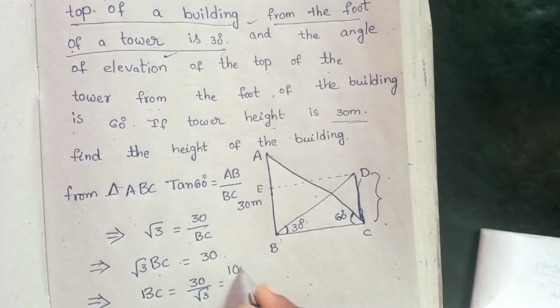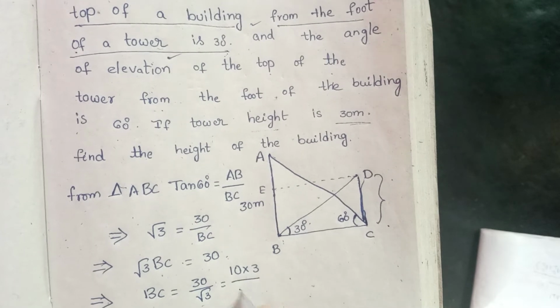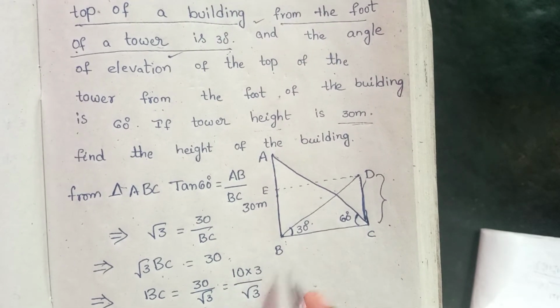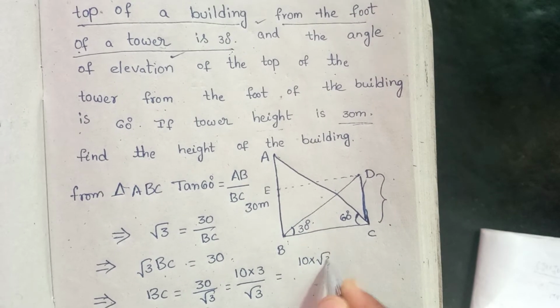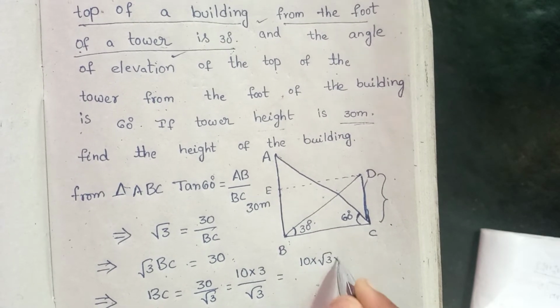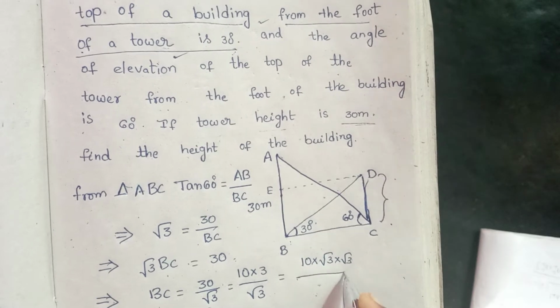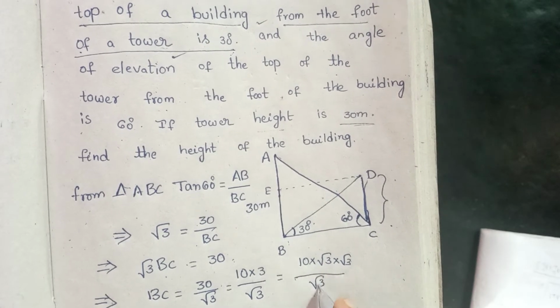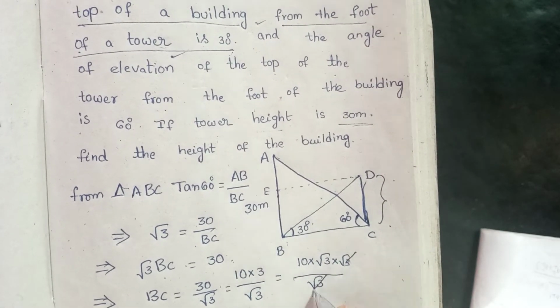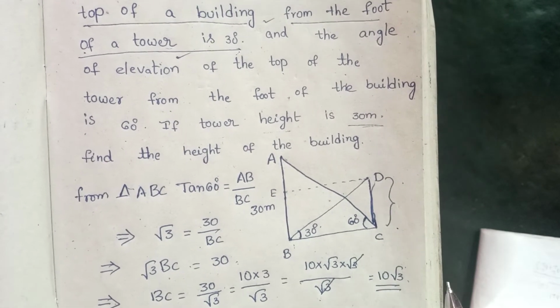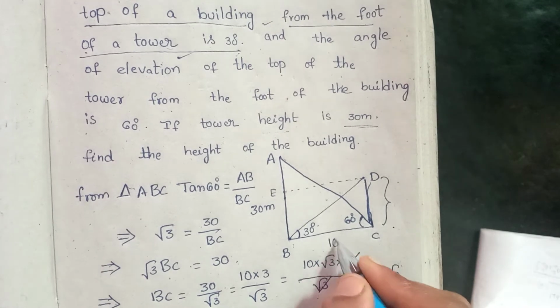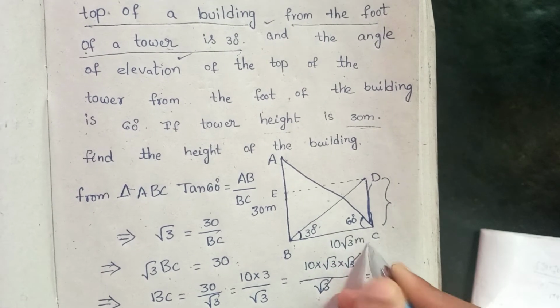That is 10 into 3 by root 3. 3 can be written as root 3 into root 3. Automatically one root 3 will be cancelled. Answer is here BC is 10 root 3 meters.